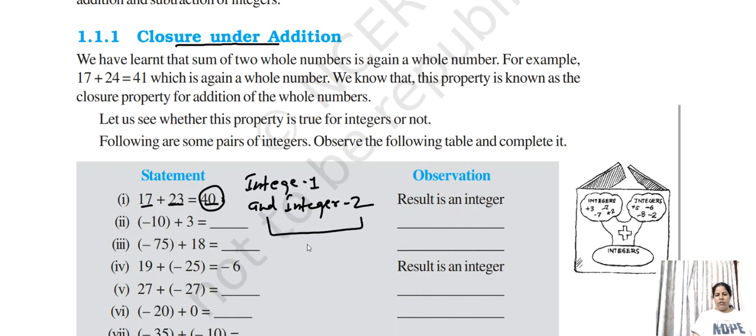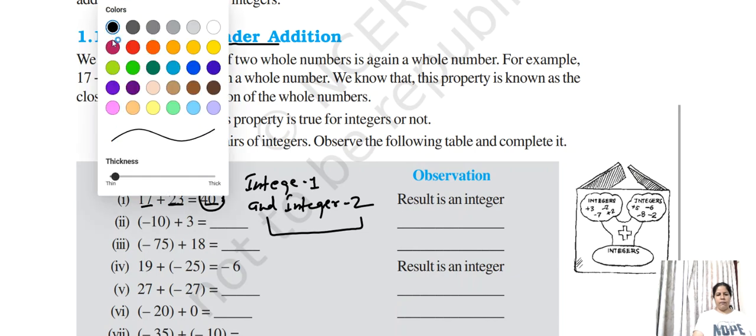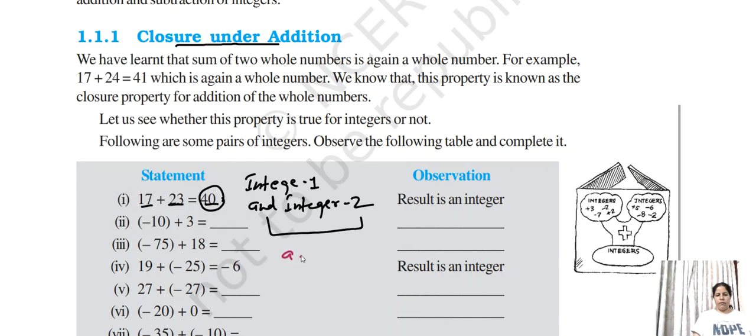If we are adding these two integers, again we are getting finally an integer. Okay.